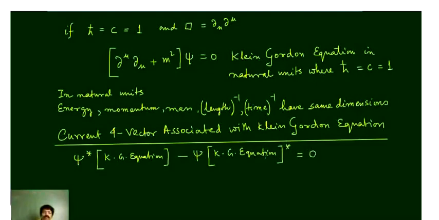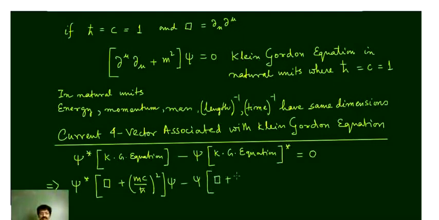Now this must be equal to 0 because the KG equations themselves are equal to 0. Now if I expand this: psi star times box plus mc by h cut whole square operating on psi, minus psi times box plus mc by h cut whole square operating on psi star, this is equal to 0. Now just expand this.